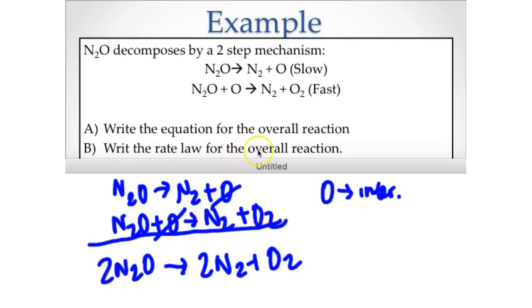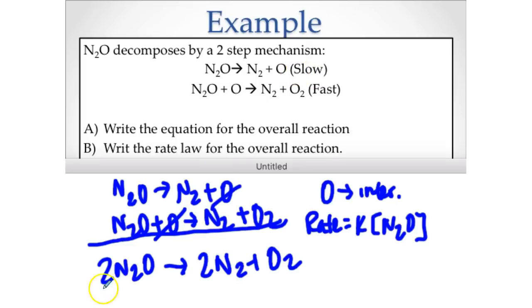It says to write the rate law. So for the rate law, we don't use this overall equation. What we look at is the rate determining step. According to the rate determining step, we only have N2O. So rate is equal to k times N2O, and there's only one, so it's going to be to the first power.